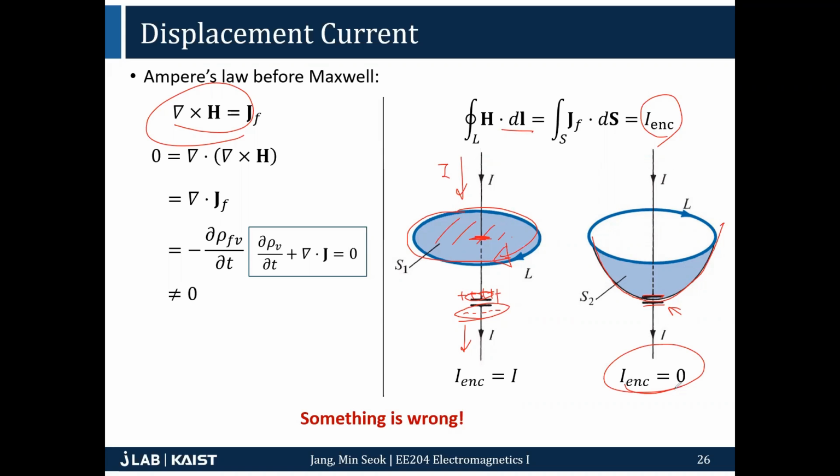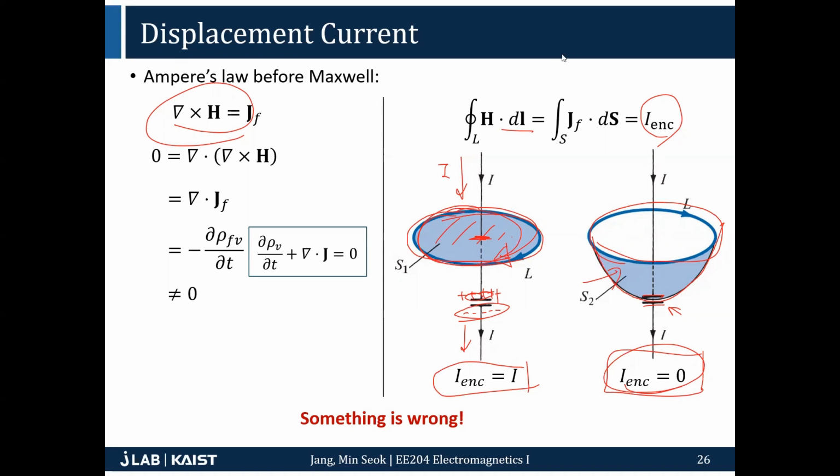This is a problem, because Ampere's law only talks about the line integral, and there's no restriction on choosing the surface, as long as that surface has its boundary defined by this line. So choosing this surface is completely fine, but it somehow leads to a very strange conclusion. So we need some correction.